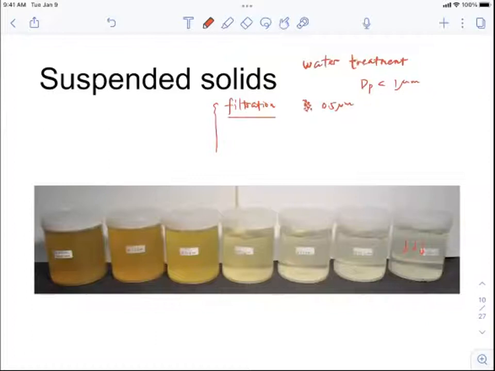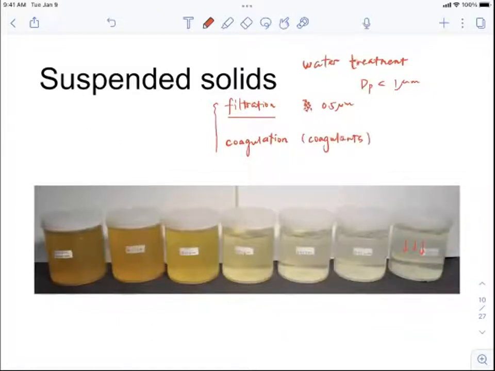But nowadays, in terms of water treatment for drinking water, a common method that people use is coagulation. What people do is throw in some chemicals called coagulants.